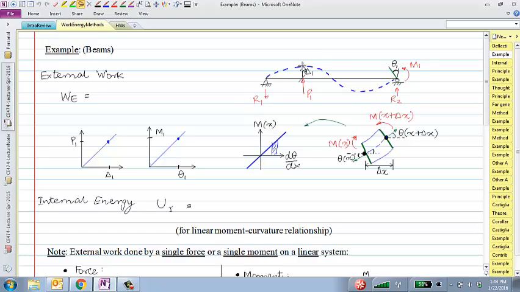And the exact same thing, so I'll add that term first here, half times P1 times delta 1. And of course, M1 will also do some work. So when I go through P1 to delta 1 and M1 to theta 1, both of them do work. What is the work done by this moment as it goes through a rotation of theta 1?